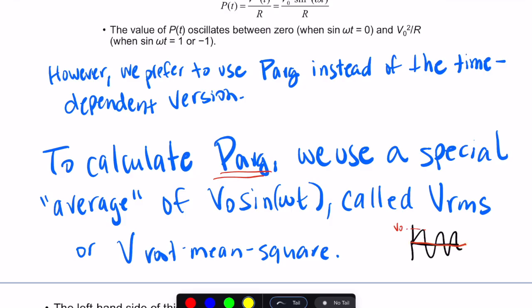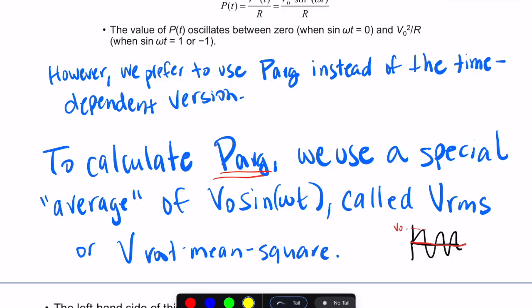So I meant to Google who came up with this root mean square idea. Somebody came up with this excellent idea to avoid getting this unhelpful 0 when averaging a sine or a cosine function. And this method is called the root mean square, and you're going to see it, I'm sure, in other classes.